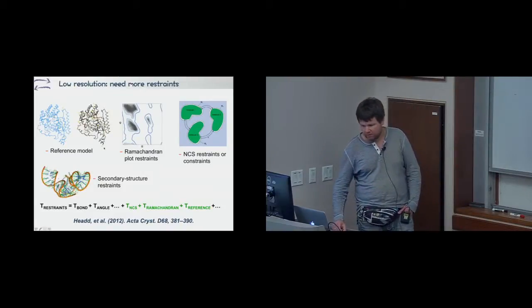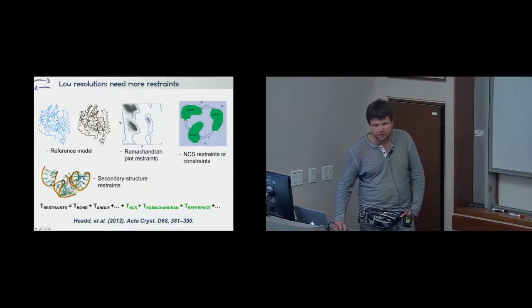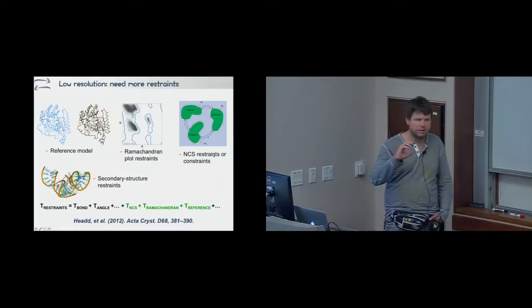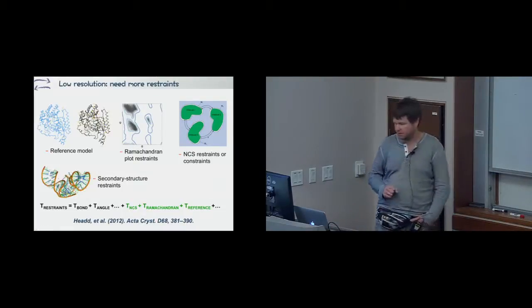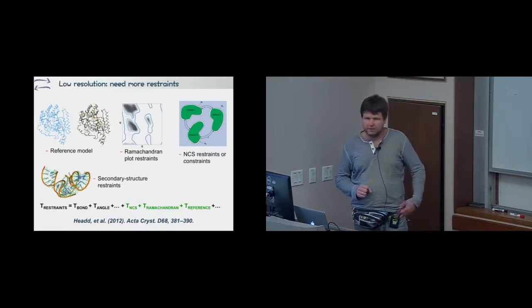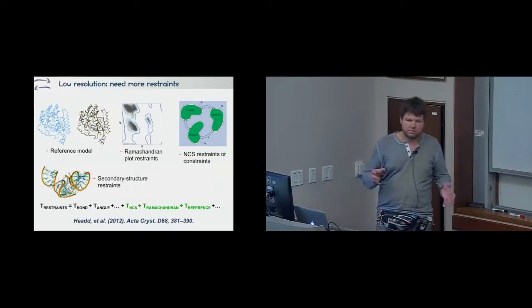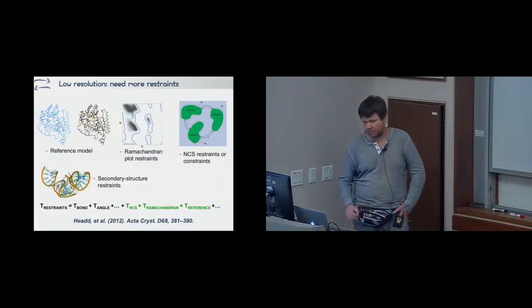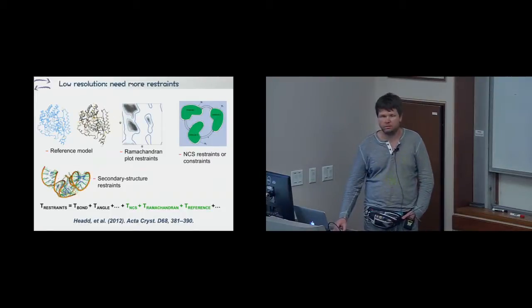Other tools can be explored, like secondary structure restraints, internal restraints, NCS restraints. If you have NCS copies, we can apply NCS restraints or constraints in refinement. So basically the idea is if you have low-resolution data or map, you need to bring all possible information you can come up with to make refinement actually practical and meaningful.